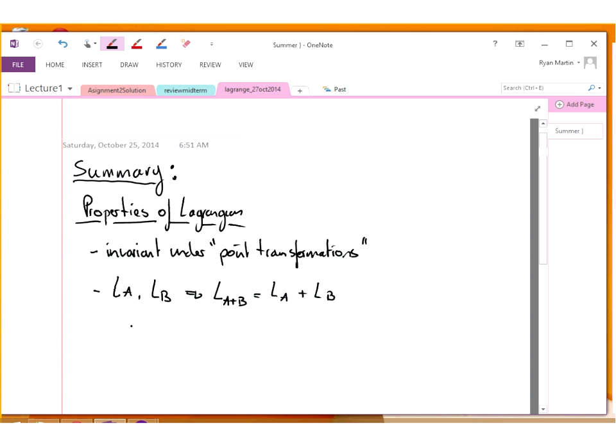We also saw that the equations of motion are unaffected if you multiply the Lagrangian by some constant. And we saw that that was akin to changing the definition of mass.